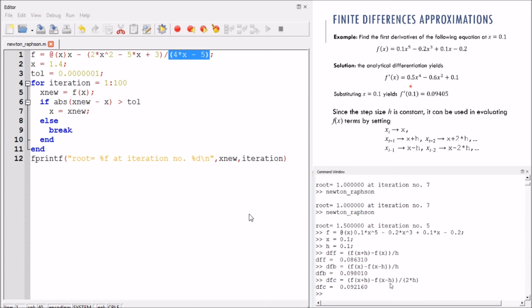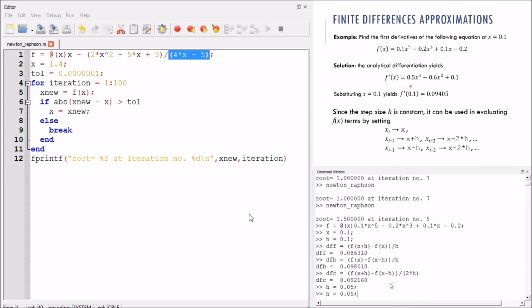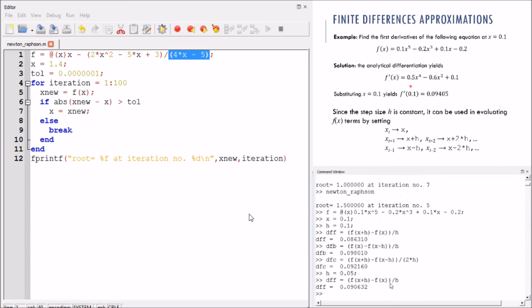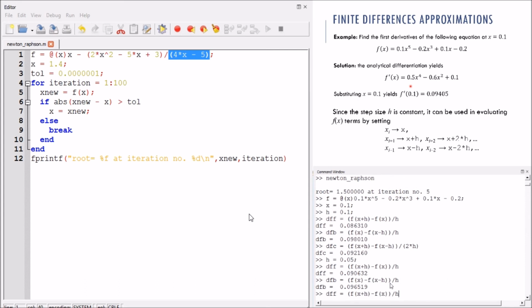Now let's try another value of h. Let's say h equals to 0.05, and let's try the forward finite differences. Now let's try the backward. And finally, the central.